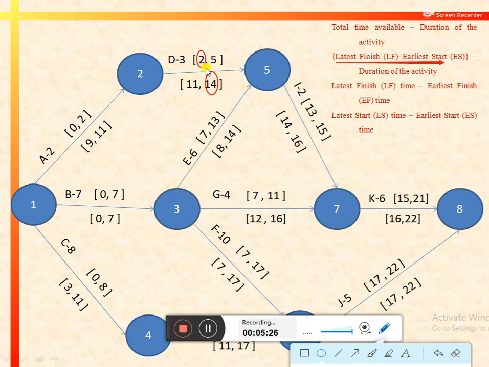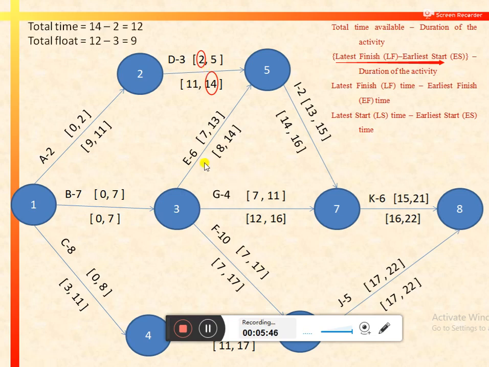So the time available to complete this activity would be equal to 14 minus 2, that is equal to 12 days. So activity D can be performed in a 12 days time period. So the total time available to perform activity D is 14 minus 2, that is equal to 12 days.